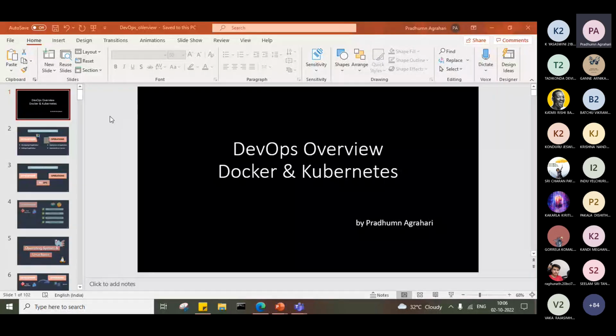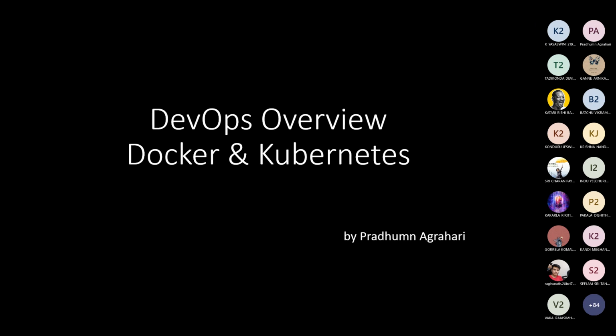Okay, so I will tell you the flow of the session. I will start with the DevOps overview: what DevOps basically is and why it has become very trendy and very useful to the industry.